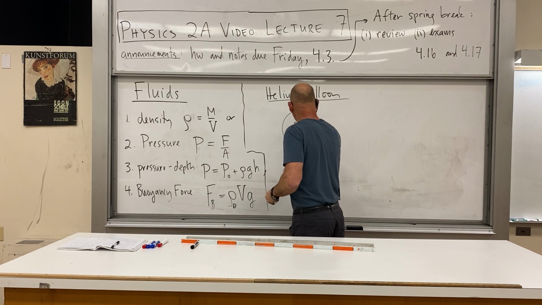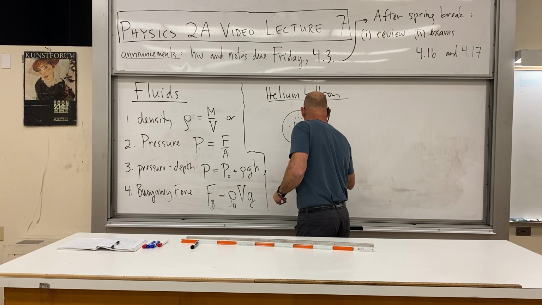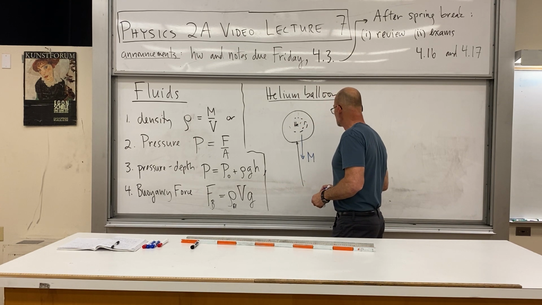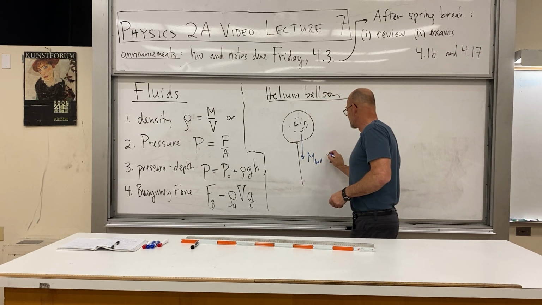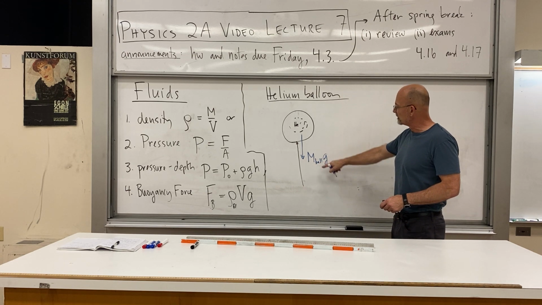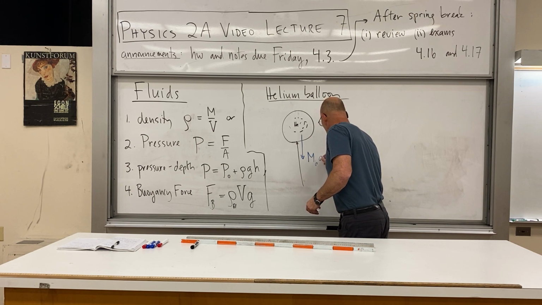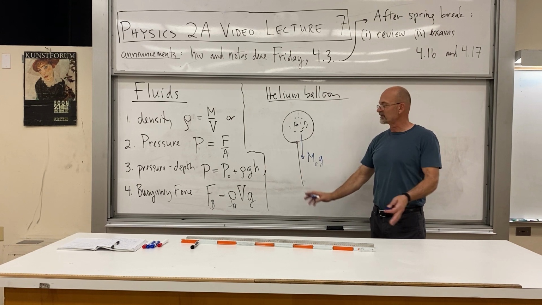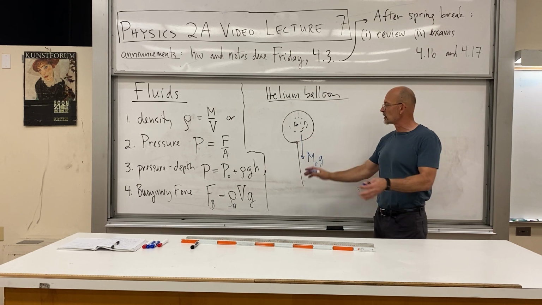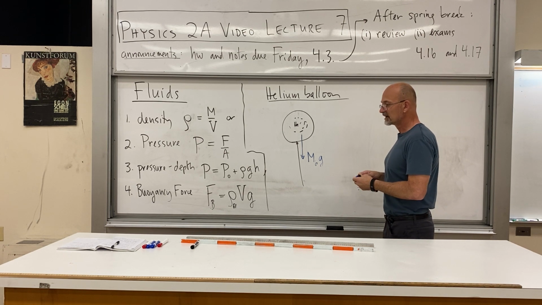We have M of the balloon times G. And actually by this M of the balloon times G, I'll just call it M sub B times G. Here I'm meaning the balloon, the string, what have you, whatever you've got attached to the holding, that's the load. Okay, the total load includes the balloon. Okay, so get that out of the way.